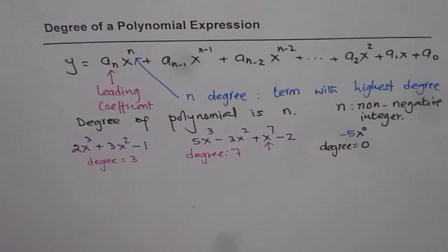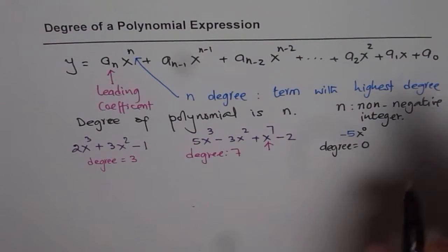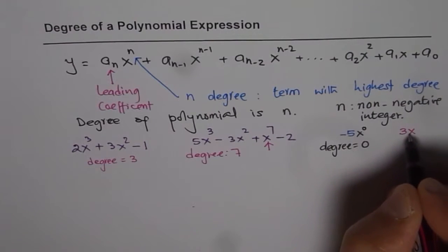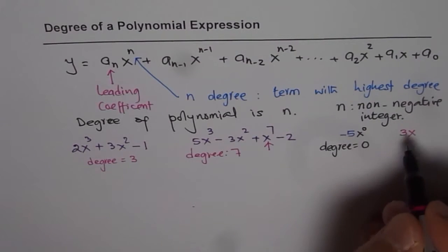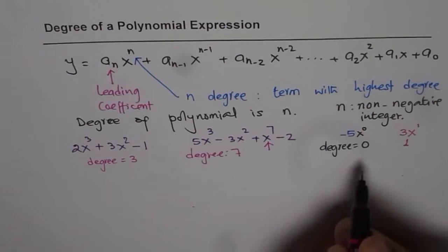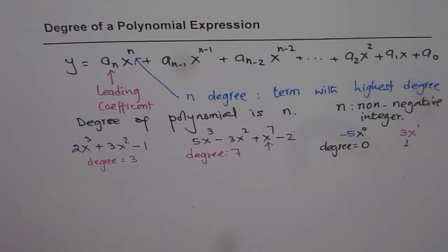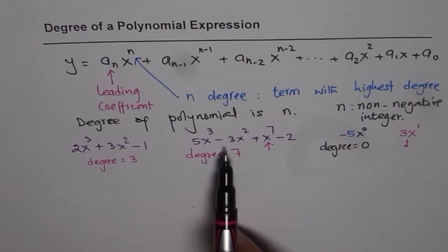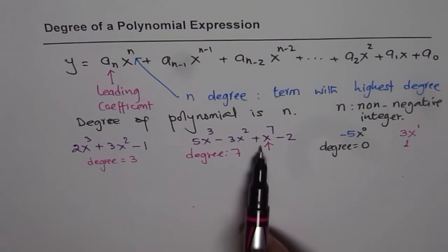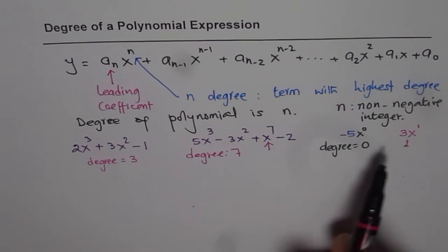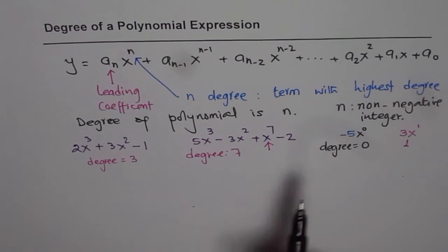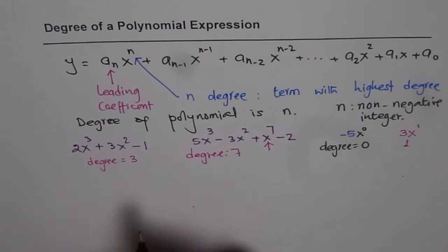On the other hand, if I have a polynomial written as 3x, now in this particular case x is to the power 1, so the degree will be 1. So whenever you write terms as a sum or difference of terms, then you can easily find the degree. Well, there could be cases where we are given the polynomial in product form.